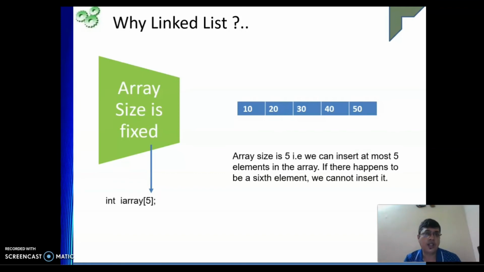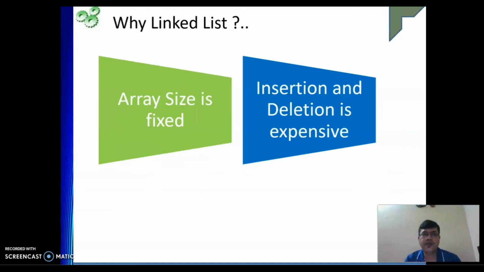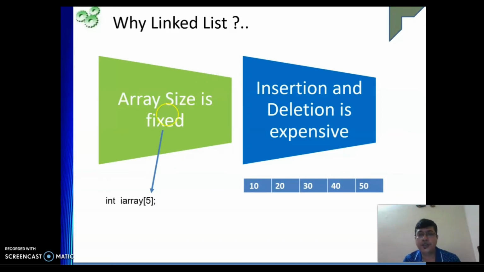So the first point is that an array has a fixed size, but in a linked list we are not talking about a fixed size. Next, as array size is fixed, insertion and deletion is expensive. How does it happen? We have elements 10, 20, 30, 40, and 50. Now let us delete 30. So we get a space here.